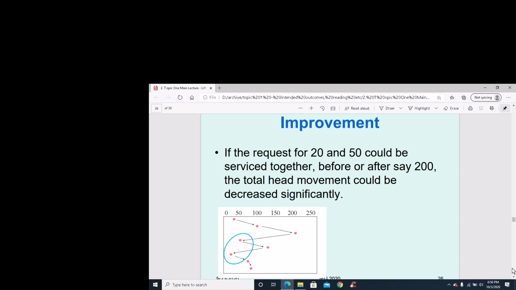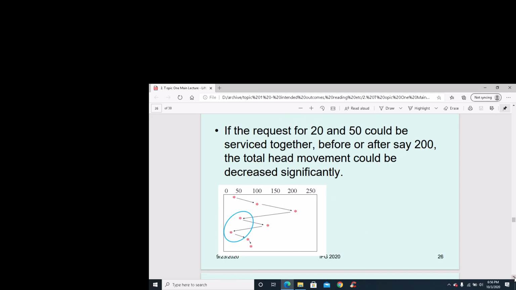And the idea here is that if the request for travelling to track number 20 and 50 could be serviced together before going to track 200, or maybe after going to track 200, the total head movement could be decreased significantly.